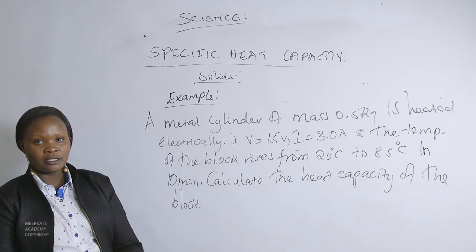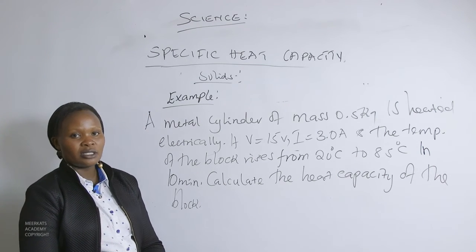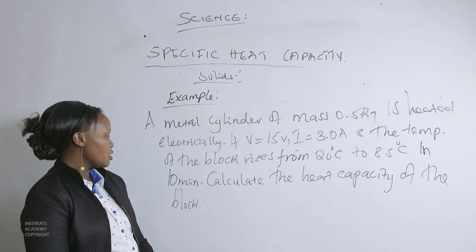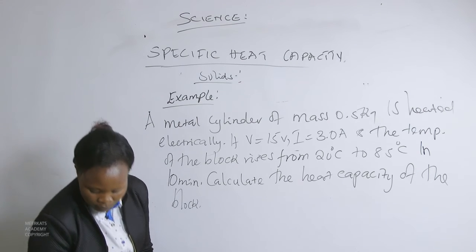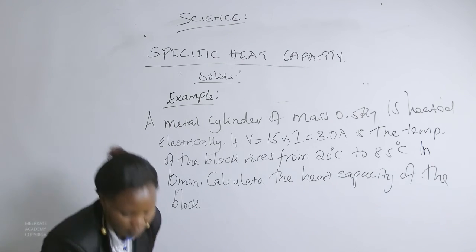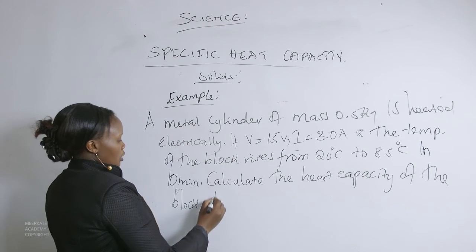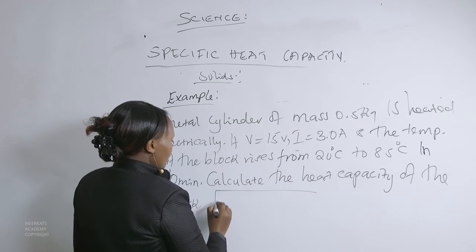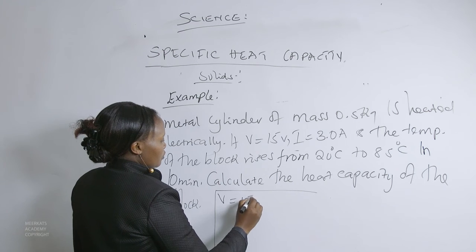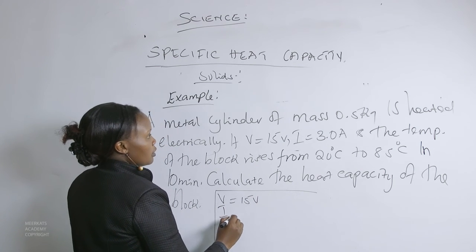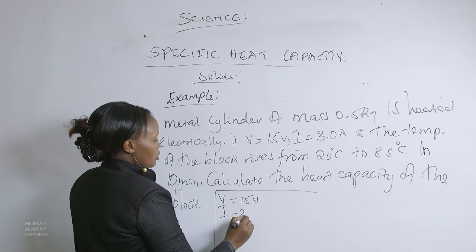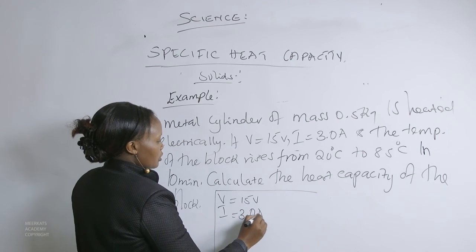Then we are supposed to calculate the specific heat capacity of the block. Now, we have our V as 15 watts. I is 3.0, that is the current.